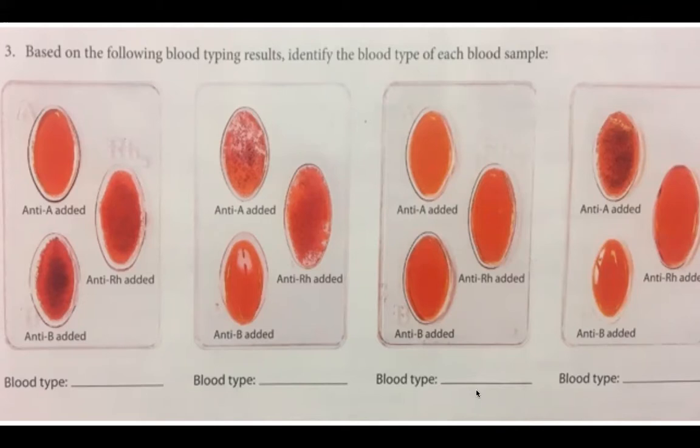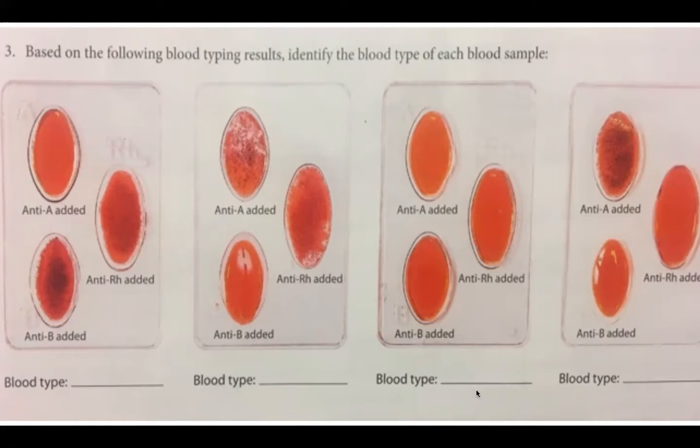What type of blood would that give us? In the third column, there is neither clotting in the A or the B, nor the Rh. What type of blood would that be? And finally, in the last one, you'll notice that it clotted only in the antibody A. What type of blood would that be?